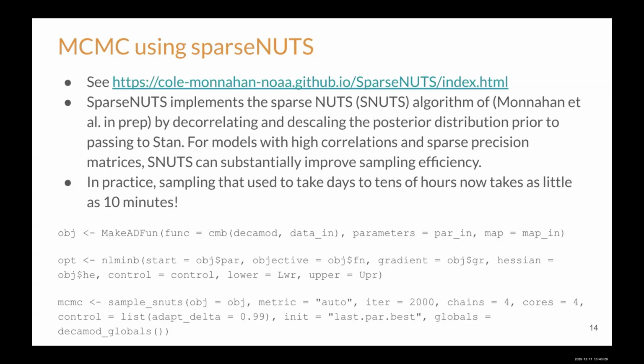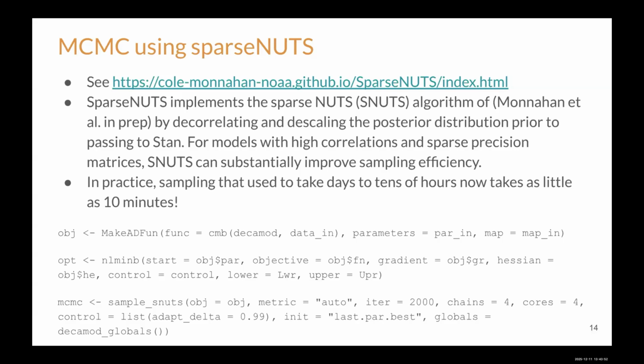And he spent a lot of time working out how to decorrelate and rescale the posterior distribution before passing all of this stuff to Stan. So all of this happens in the back end, and it's wrapped up in this really nice sample_snuts package now. And it can automatically deal with that decorrelating and rescaling for you.